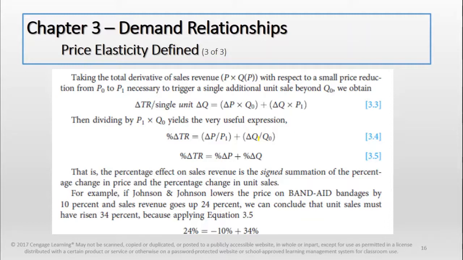So, if you can remember sa katong graph, diba, your total revenue here, that is the TR, or the change in your revenue arises from two sources, which is again the change in your price and your quantity. Even if there's a small price reduction, it already triggers a single additional unit.